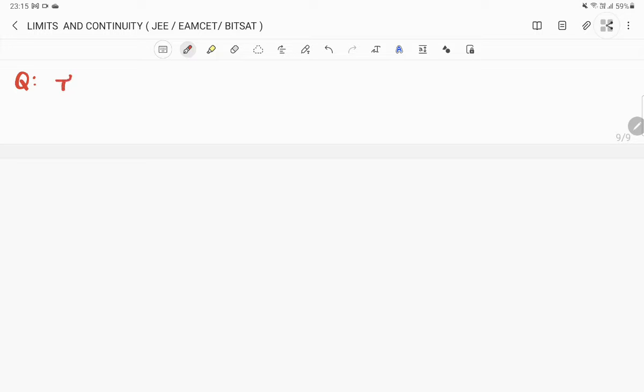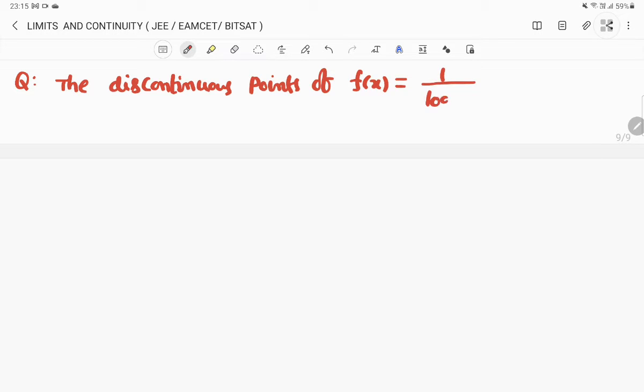The discontinuous points of f of x equal to 1 by log mod x are.